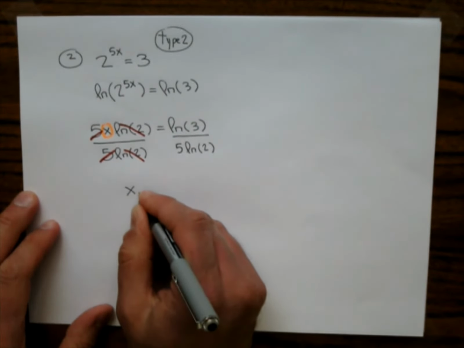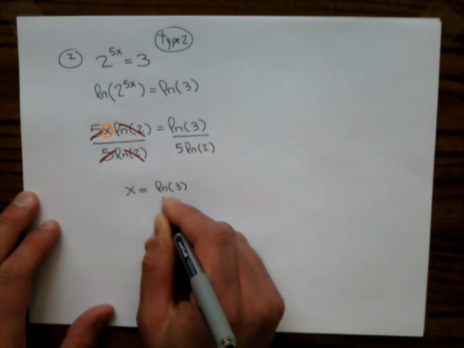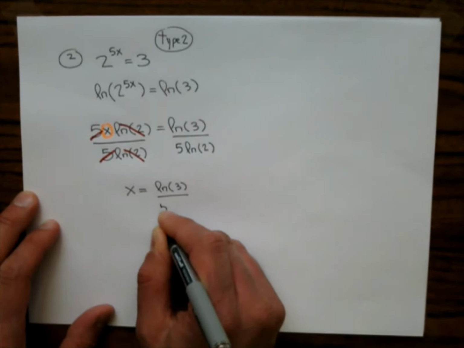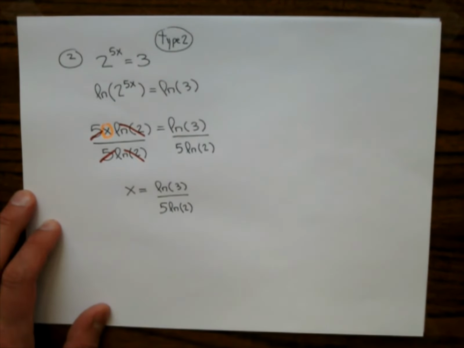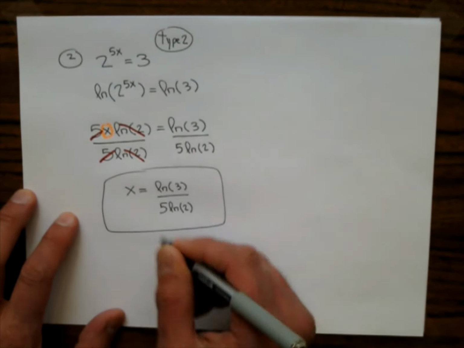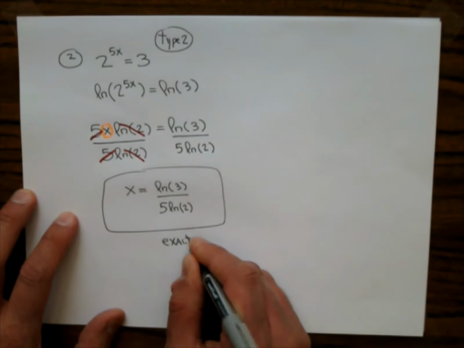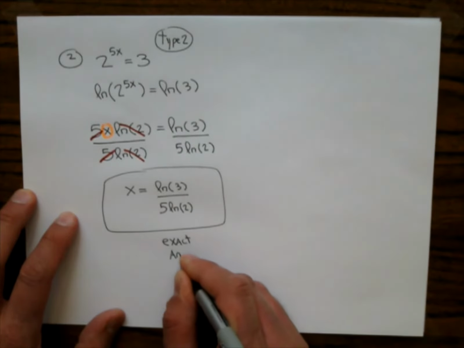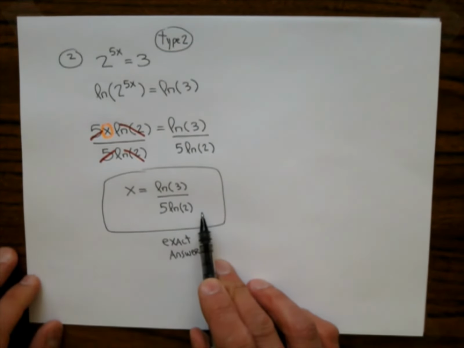I'm going to have x equals ln 3 divided by 5 ln 2. This right here is called an exact answer. Okay? So this is an exact answer.